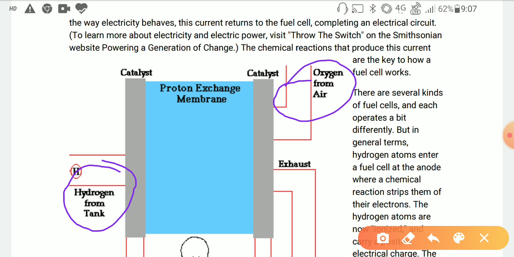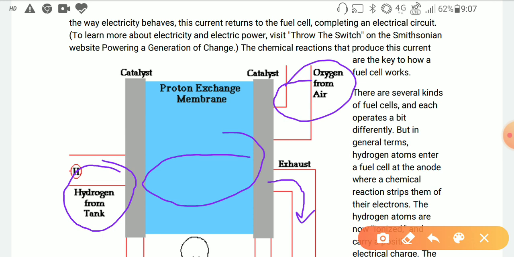The charge particle flow is done inside the fuel cell through this electrolytic material, and the product of this reaction ultimately comes out as water, which is exhausted through this path.